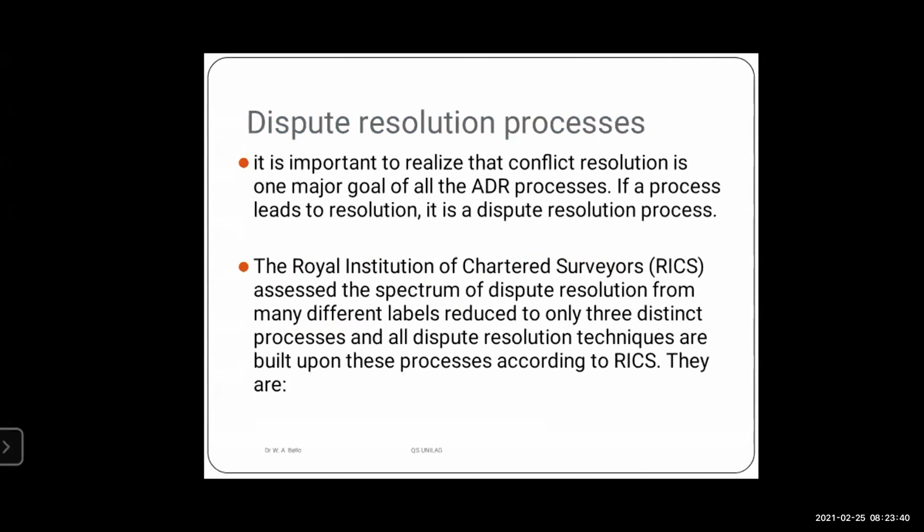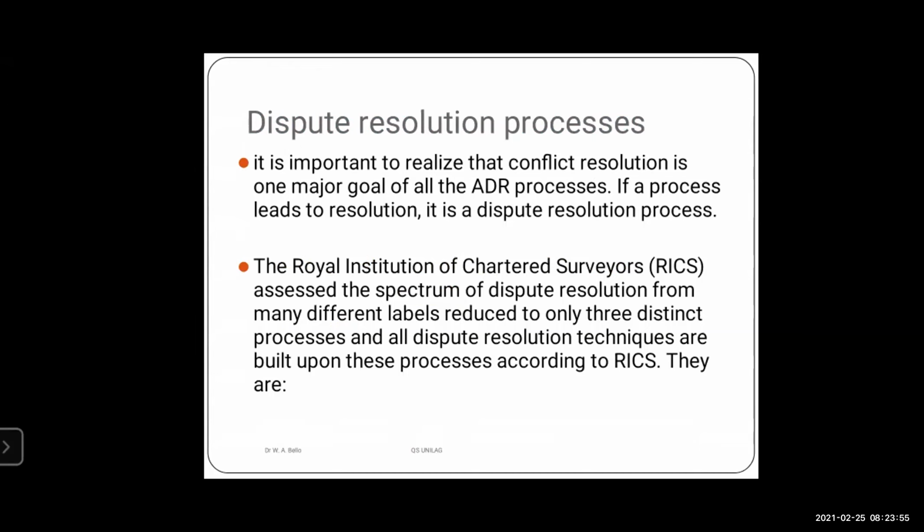The processes of dispute resolution is important when we resolve conflicts. And of course, it is necessary for us to understand that any process that leads to a resolution, whether you give it a name or you didn't give it a name, is a dispute resolution process.